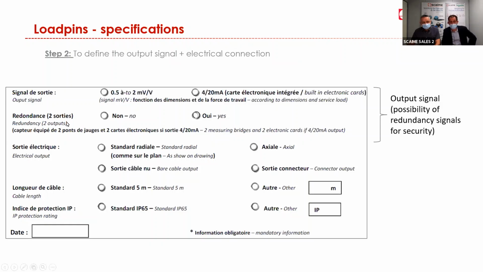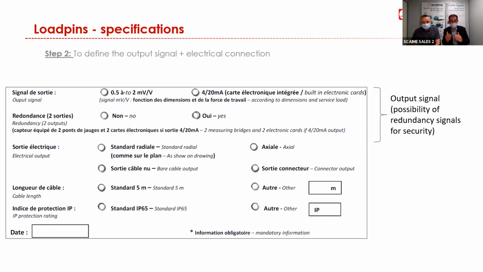We also offer something very important, mainly dedicated for security reasons, the possibility to make a redundancy of the signal. So the idea of this option is to design two different bridges inside the same sensor, so that you can have two channels of measurement and two output signals, and compare these two signals.